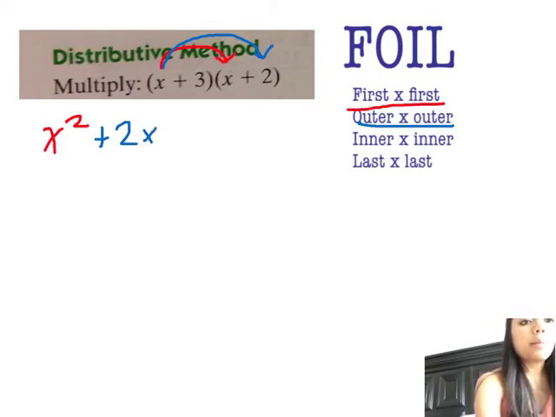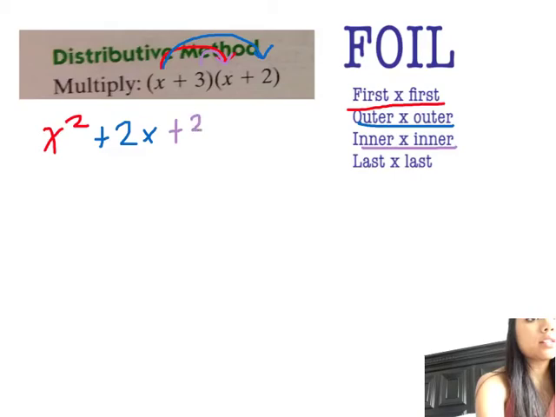Then I'm going to multiply my inner times my inner. Those are my two inner ones. Positive 3x times x is plus 3x. And then I'm going to do last times last, which is 3 times 2, which is a positive 6.